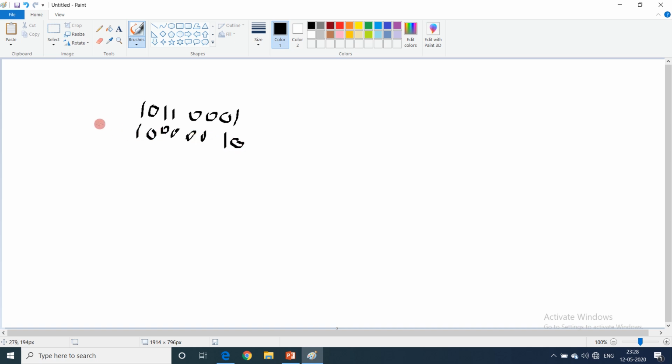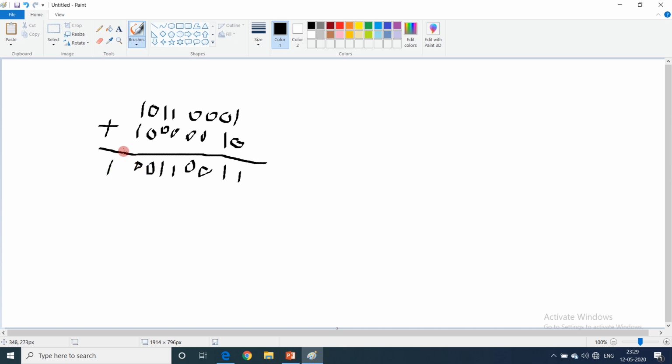If you remember the binary addition which we did in 11th standard, first chapter of CS1: 1 plus 0 is 1, 0 plus 1 is 1, 0 plus 0 is 0, 0 plus 0 is 0, 1 plus 0 is 1, 1 plus 0 is 1, 0 plus 0 is 0, and 1 plus 1 is 0, carry 1.